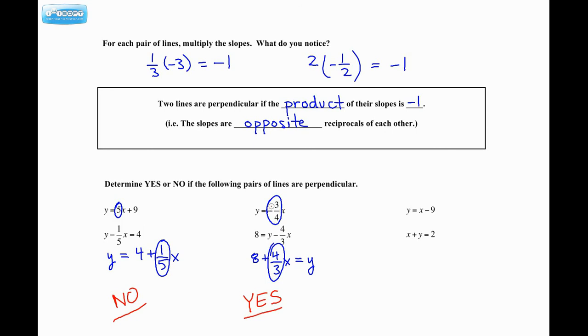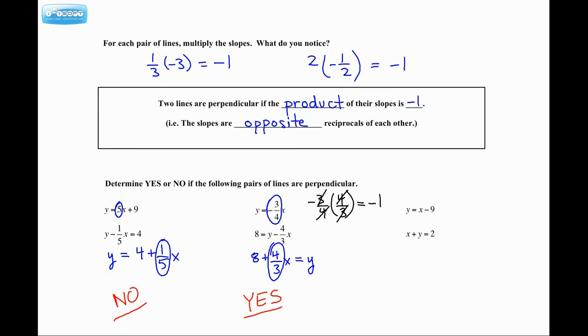You can take negative 3/4, multiply it by 4/3. In fact, I'm going to do that. Negative 3/4 times 4/3. You can see that the 4's are going to cancel, the 3's are going to cancel, and the only thing you're left with is the minus. So we just have negative 1. So yes, they are perpendicular.